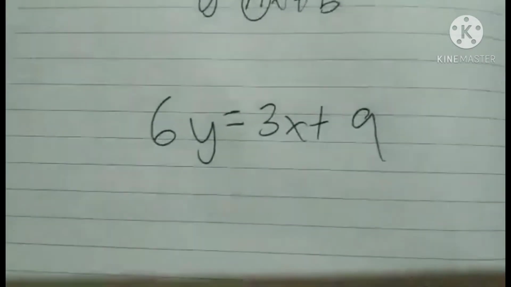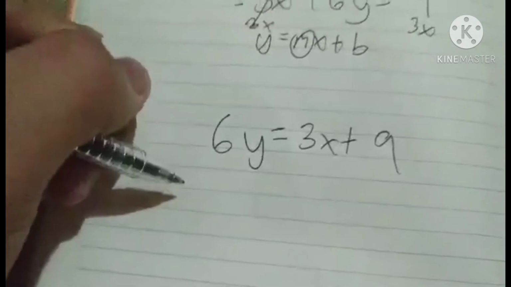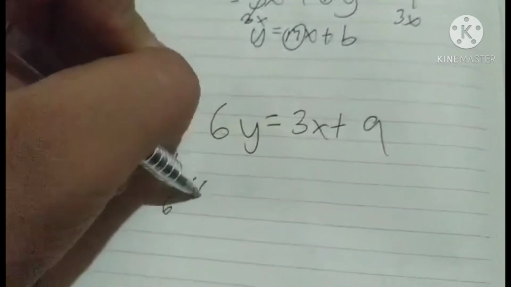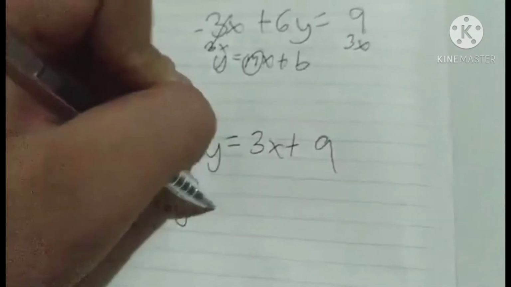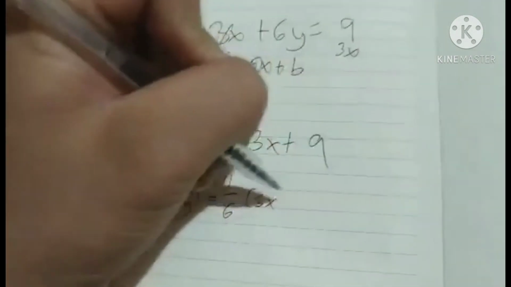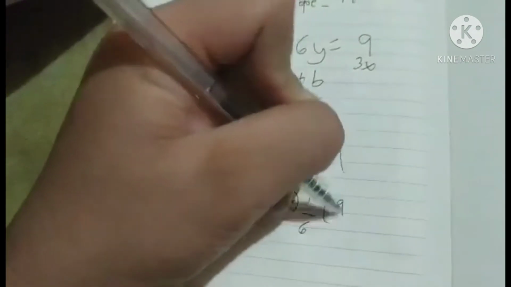But this is not the full equation yet, because as you can see, we need y and only y. So to do this, we're going to turn 6 into its multiplicative inverse, which is 1/6. So we're going to multiply 1/6 by 3x and 9.